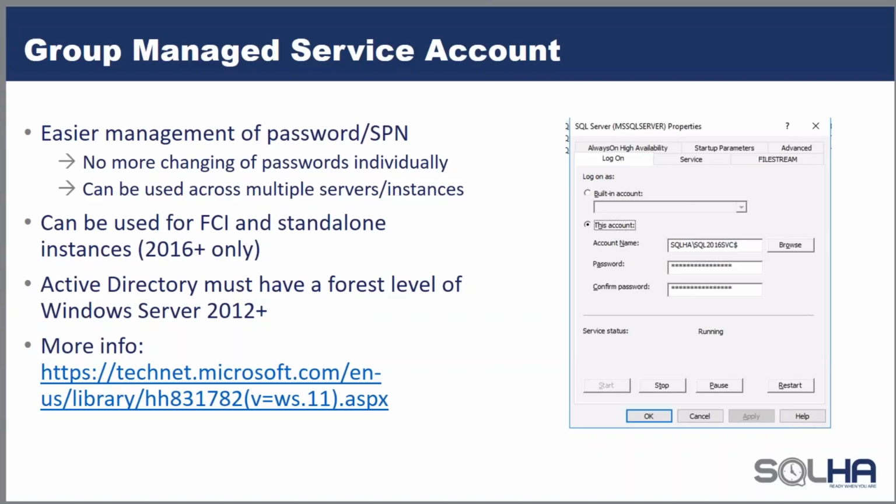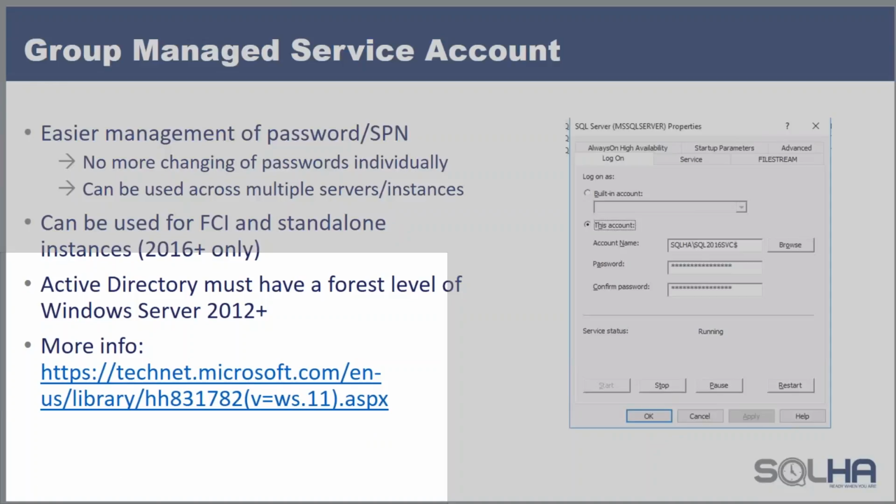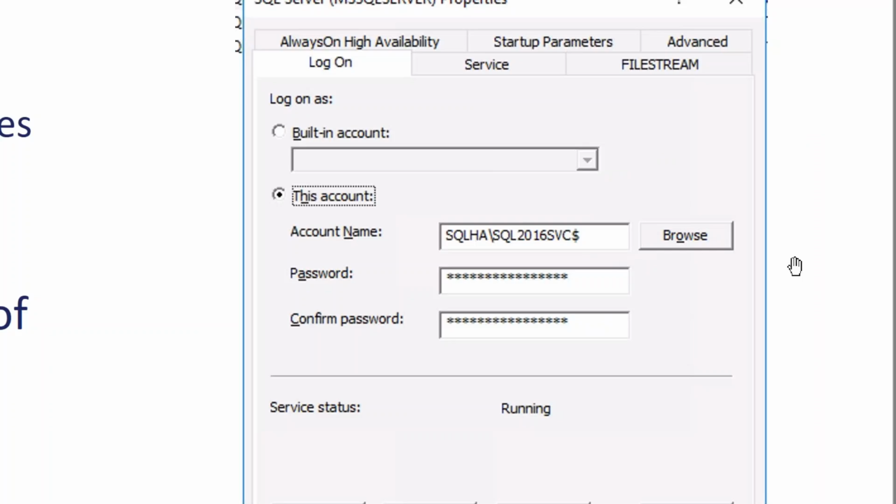Now, you'll notice there I have a little screenshot of an FCI's created properties for the service account. You'll notice that in this case, and let me zoom in here real quick, my service account is called SQL 2016 SVC, and you'll see there's a $ sign at the end.